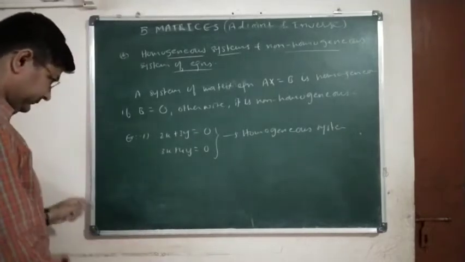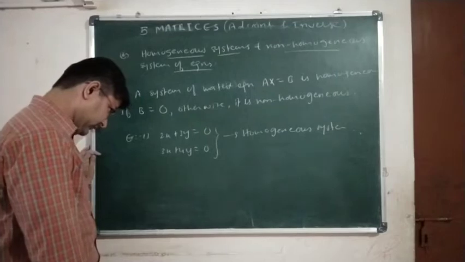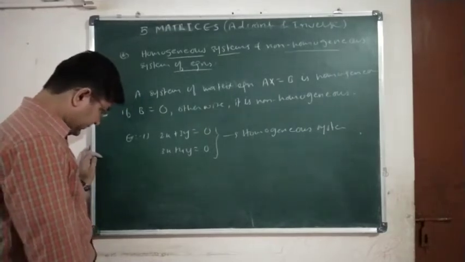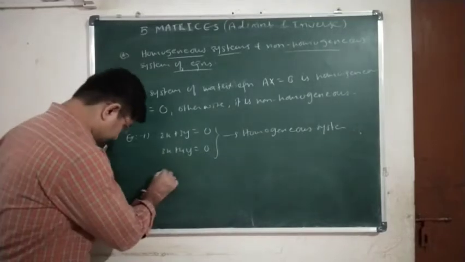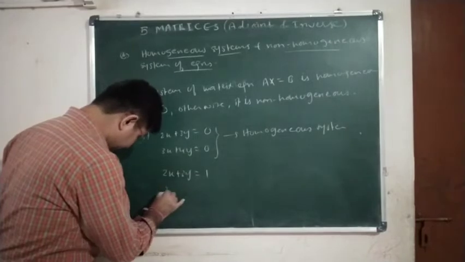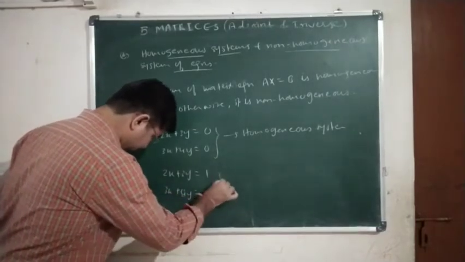Now, 2x plus 3y is equal to 1 and 3x plus 4y is equal to minus 2.